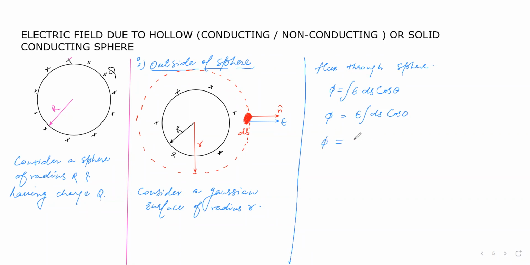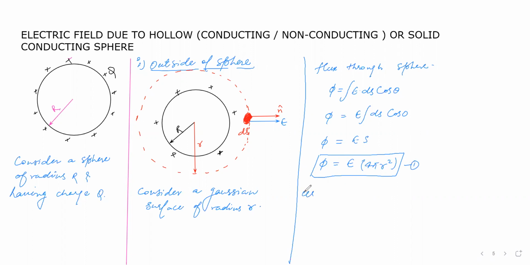Finally, we get phi is equal to E into S. Integration of ds will be S, cos theta is 0, which is 1. Finally, you can write E into the area of this sphere, 4 pi r square. This is the flux. This is the amount of flux passing through this Gaussian surface of radius small r. We can consider it equation number 1.